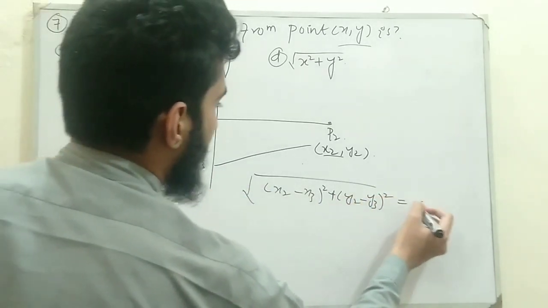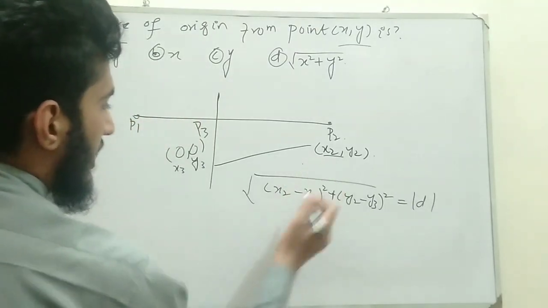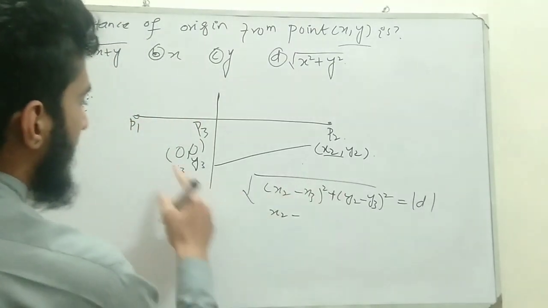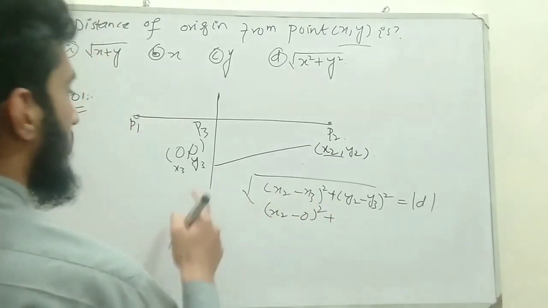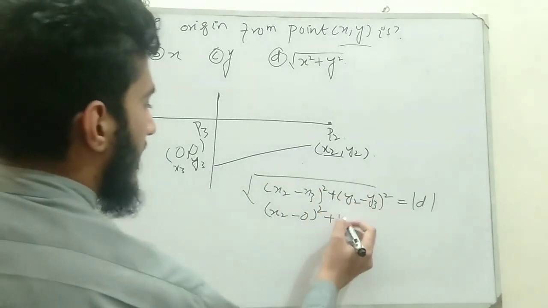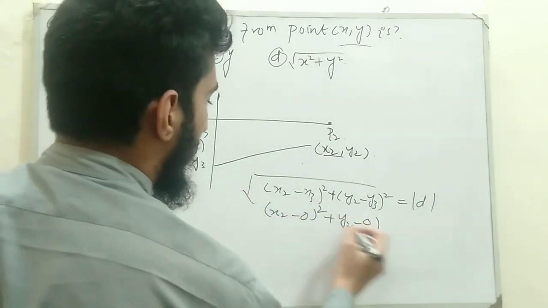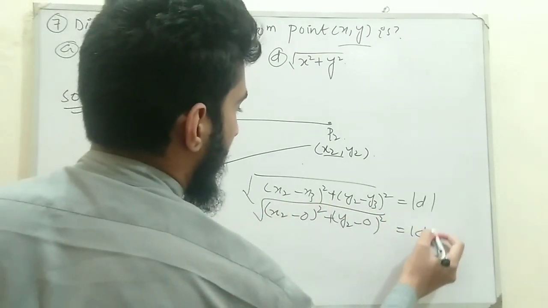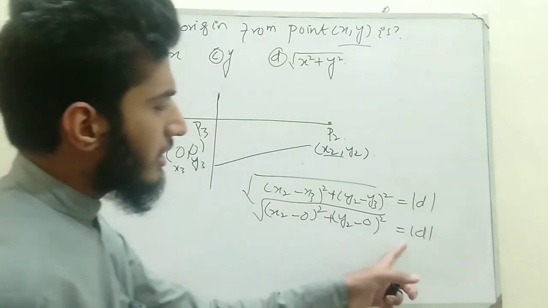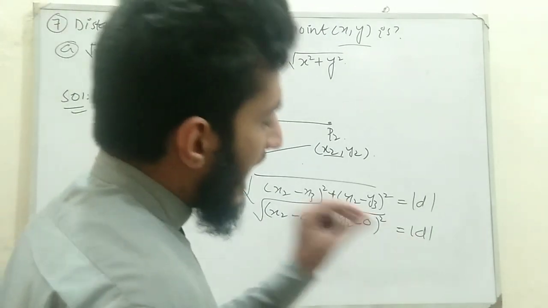Here x3 is 0 and y3 is 0, so it becomes under root of (x2 minus 0) whole square plus (y2 minus 0) whole square, which is equal to the absolute value of d. Why did I take the absolute value over here? Because distance is always positive.